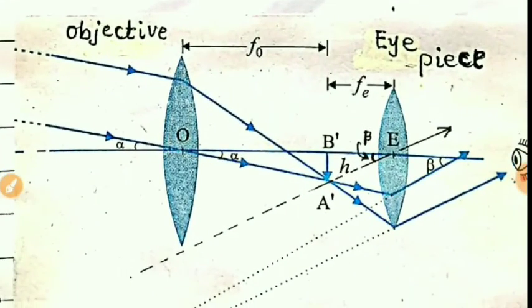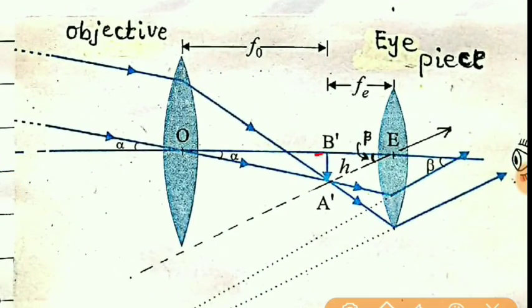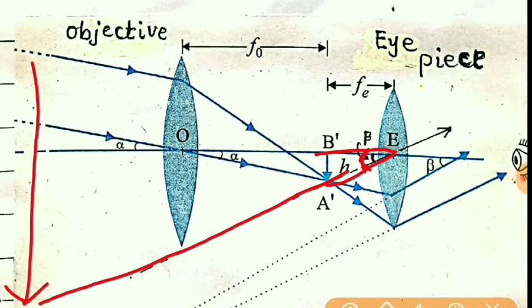This angle beta here is the angle subtended at the image, and this angle alpha here is the angle subtended at the object, because these rays are coming from the object.